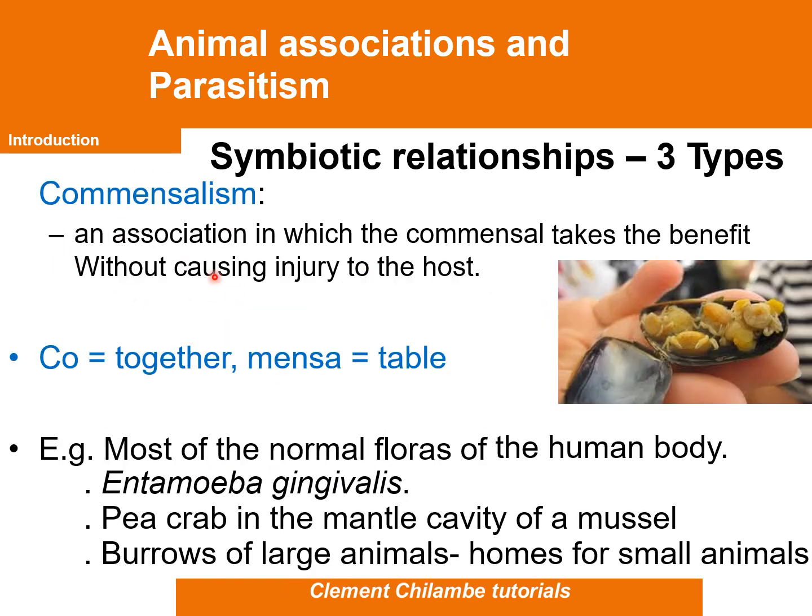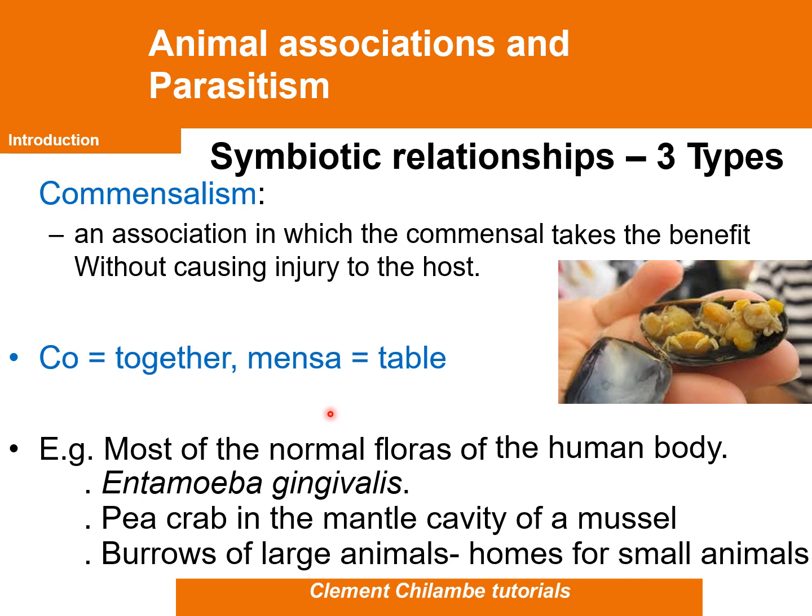Secondly, let's discuss commensalism as the second symbiotic relationship. Commensalism is an association in which the commensal takes the benefit without causing injury to the host. Okay, and in the word commensalism, co means together, and mensa means what?